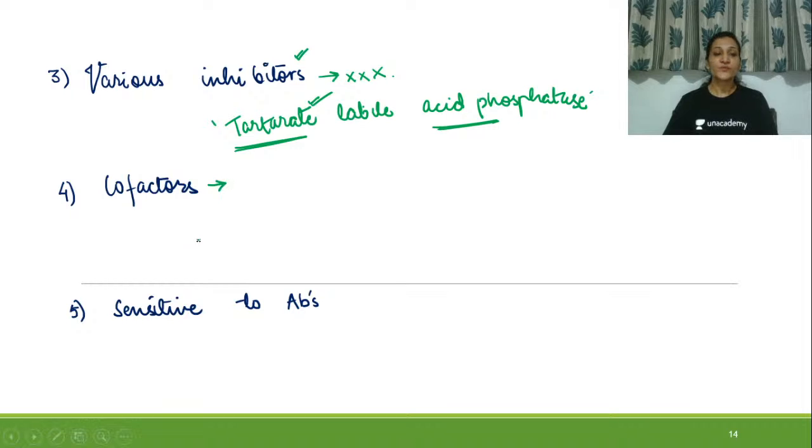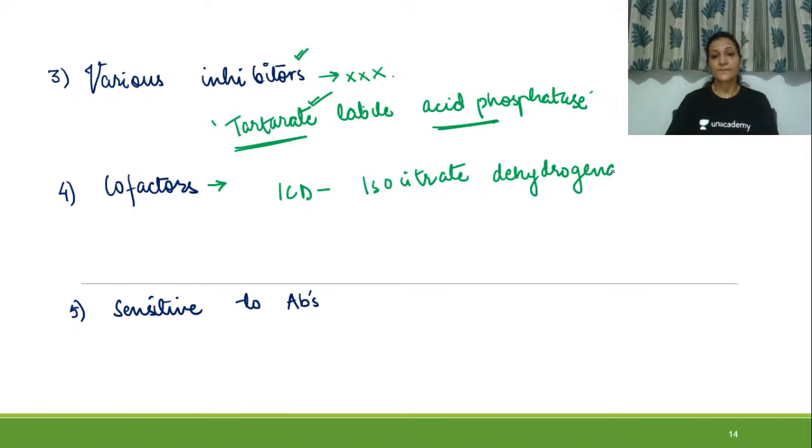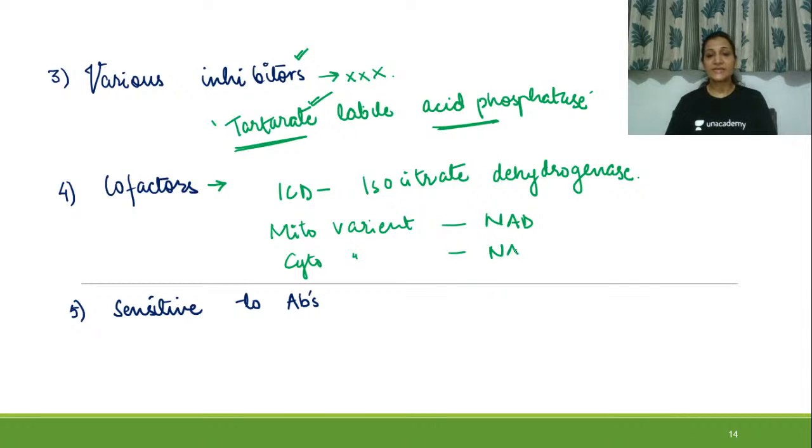Then coming to the fourth characteristic, cofactors. One example for this is isocitrate dehydrogenase. The mitochondrial variant needs NAD, and the cytosolic variant needs NADP.